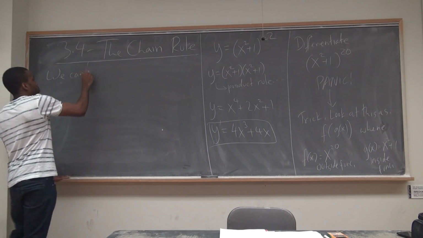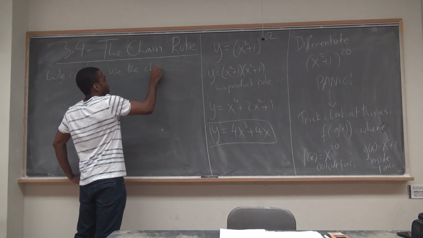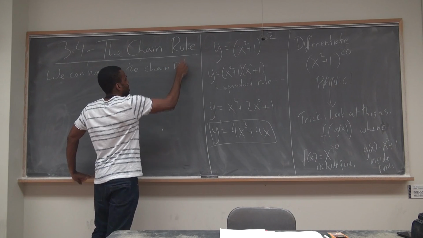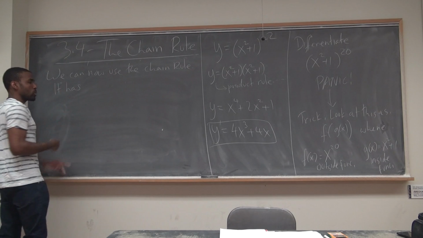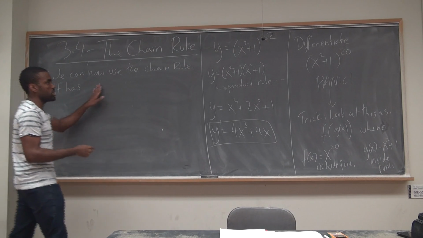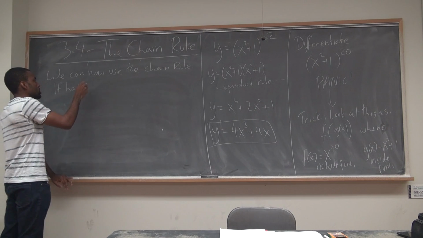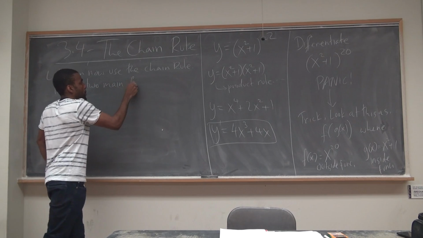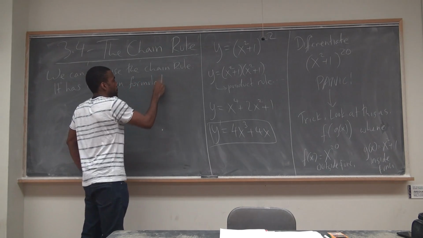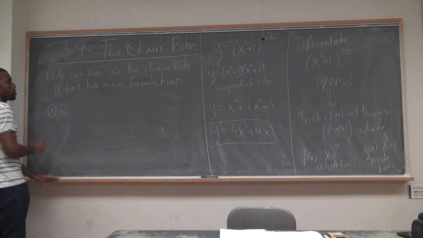We can now use the chain rule. It has two formulations. The first one we'll be using more often, but the second one is useful as well, and we'll use it a lot in future sections. Here's one formulation.